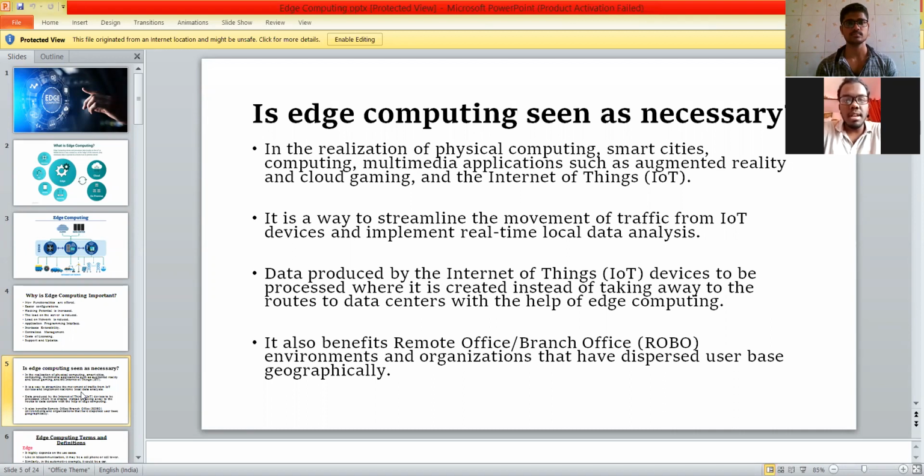Data produced by IoT devices is processed where it is created, instead of being taken all the way to data centers, with the help of edge computing. It also benefits remote office and branch office environments and organizations that have a geographically dispersed user base.